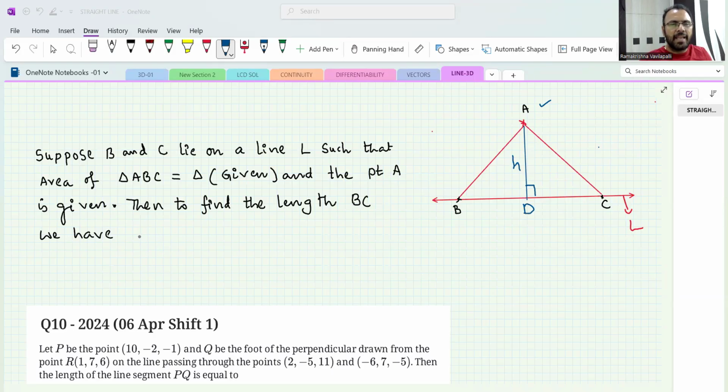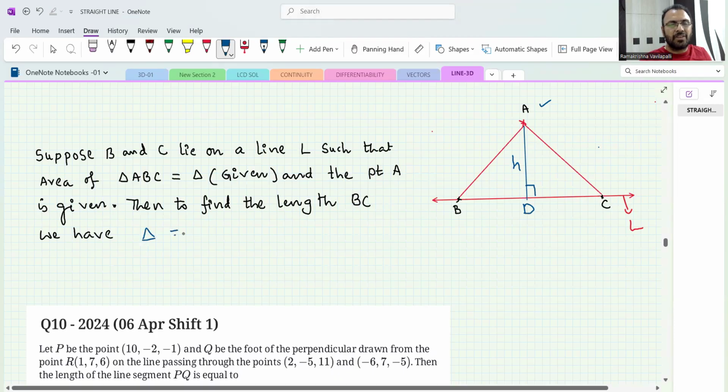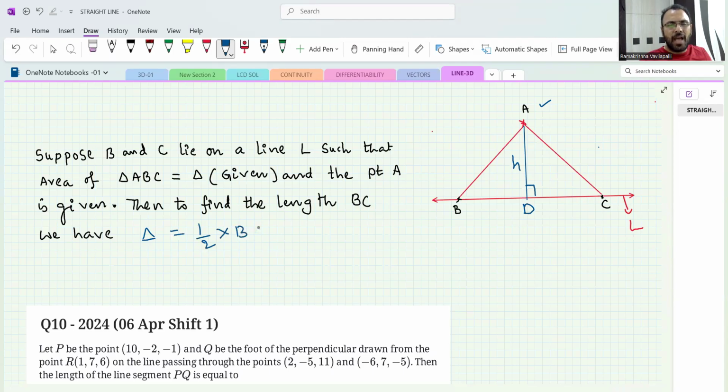We have that the area of triangle delta is equal to half into base BC into height.